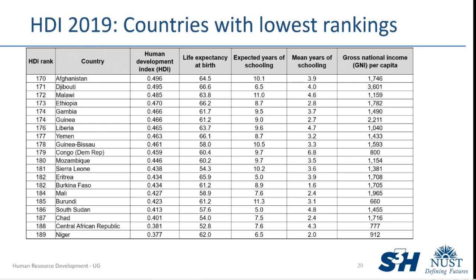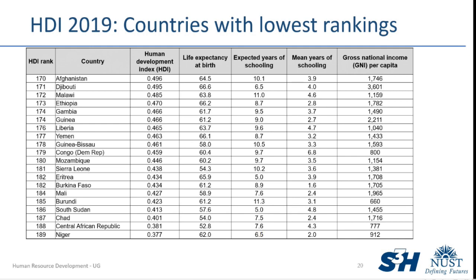So these are the lowest rankings at the bottom of the table. You can see that many countries have even less than 1,000 GNI per capita, but it's not the only reason why they are at the bottom. For Niger, for example, and Niger has been at the bottom of the table for many years, mean years of schooling is 2, and expected years of schooling is 6.5.